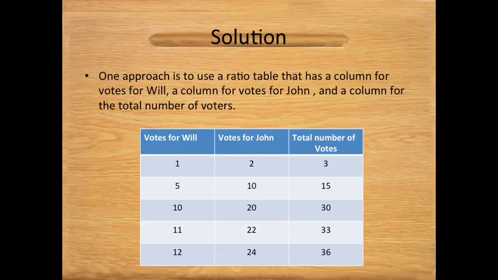So we can look at getting the students to understand the rate of 1 to 2: for every 1 vote that Will got, John got 2. And then, what fractional part of the votes did Will get, what fractional part of the votes did John get. Again, getting them to distinguish between a ratio as being the rate, comparing part to part, and the fraction as comparing the part to the whole.